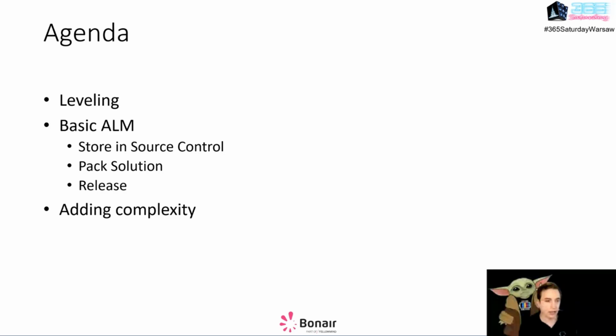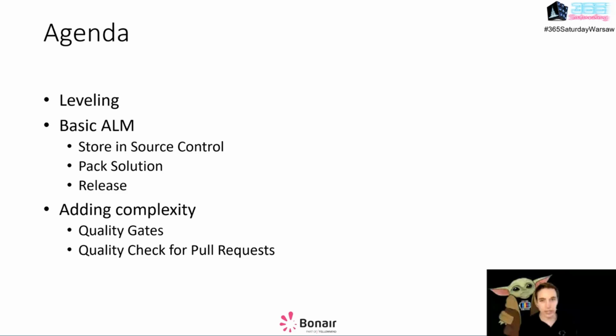And then at the end, we will take a look at adding complexity like quality gates and a quality check for pull requests. I have prepared some demos in both parts, basic ALM and adding complexity. We will see how much of those we will really have time for.